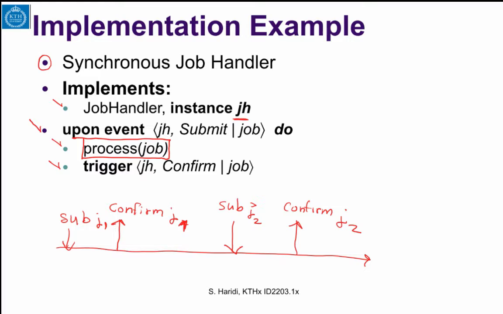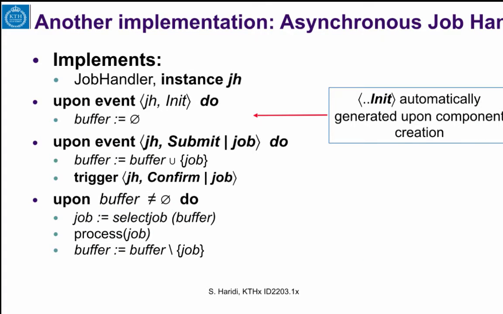Let us now look at another implementation. This was a synchronous implementation. Let's have a look at an asynchronous implementation, the asynchronous job handler. This is interesting because now we have an implementation of a job handler with a different algorithm that still satisfies the specification. Still we have an instance JH, and now this component has a state.